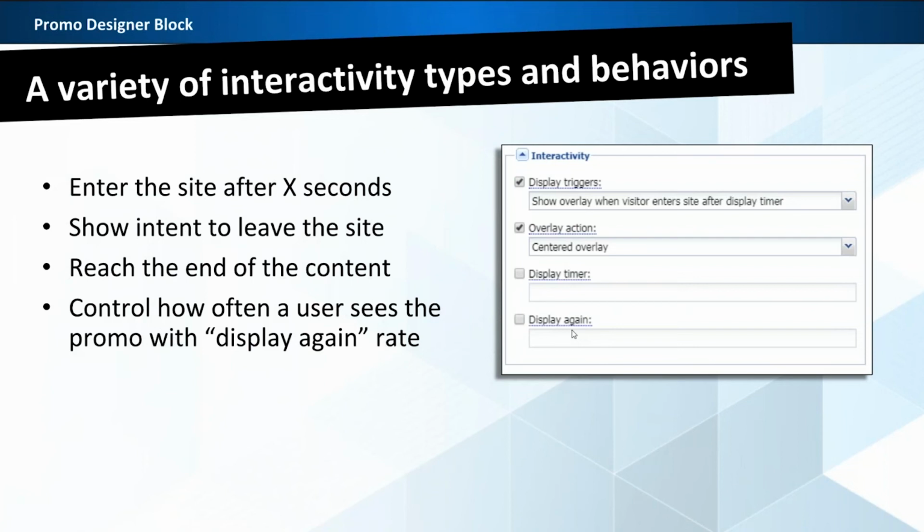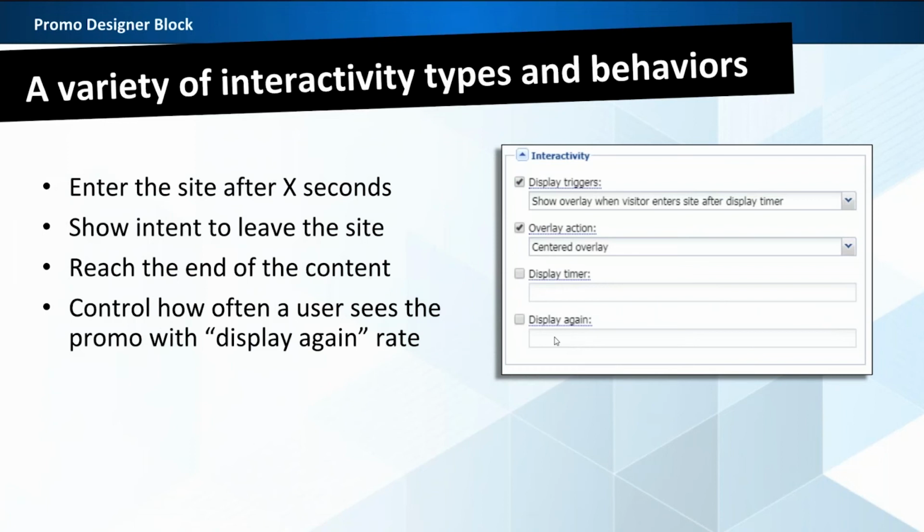If you have no time set right here, as I have in this example, that will pop up every time they view a page. Every time the page is on, they qualify for it and they'll get that pop-up. So that's unlikely to be something that you want, hopefully.